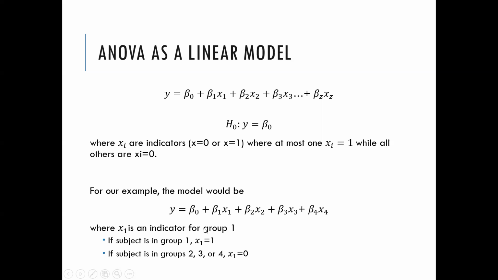So for example, for X1, as an indicator for group 1, if an individual is in group 1, we would set this value to 1. And if they are in any other group, so in groups 2, 3, 4, then we would set that value to 0.